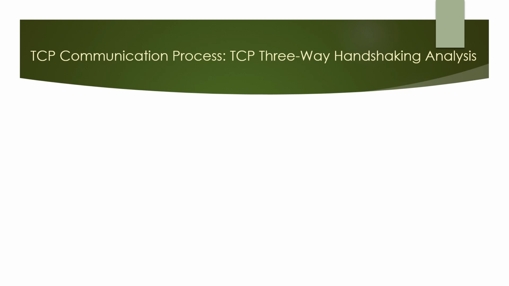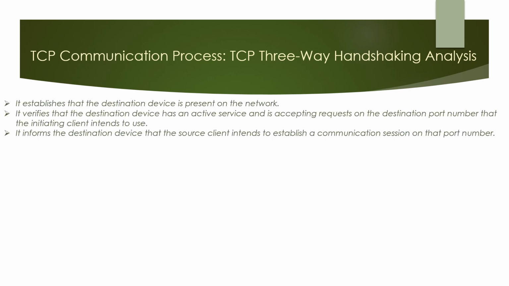The functions of the three-way handshake are to establish that the destination device is present on the network, to verify that the destination device has an active service and is accepting requests on the destination port that the initiating client intends to use, and to inform the destination device that the source client intends to establish a communication session on that port number.